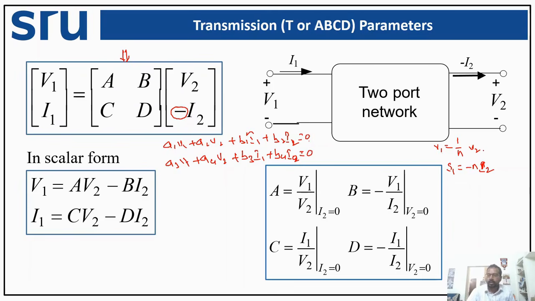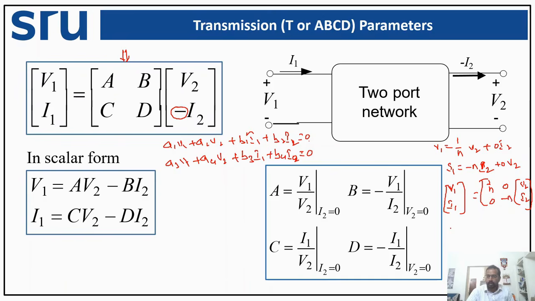Why will this be non-singular? Because if we rearrange this equation, we can say plus 0 into I2, and here plus 0 into V2. So we have V1, I1, and V2, I2. Taking V2 and I2 common, the coefficient of V2 is 1 by n, the coefficient of I2 is 0, the coefficient of V2 is 0, and the coefficient of I2 is minus n.